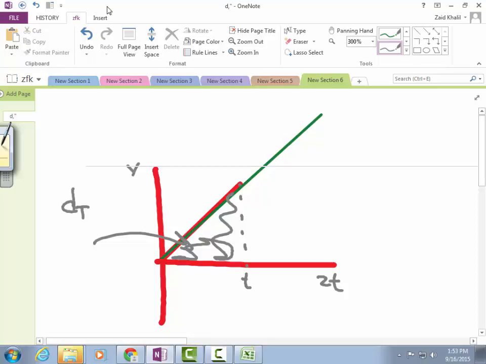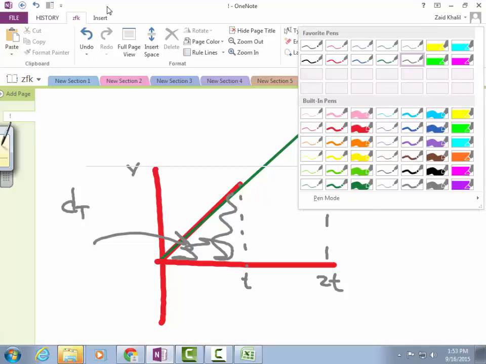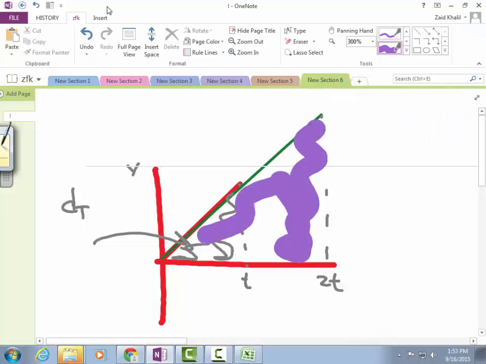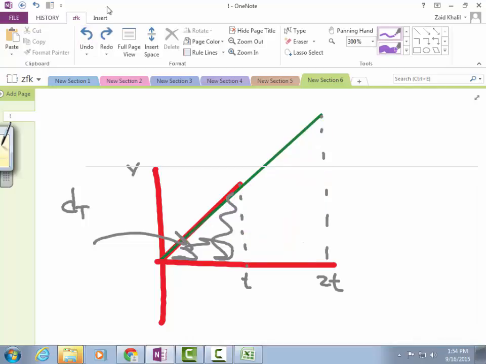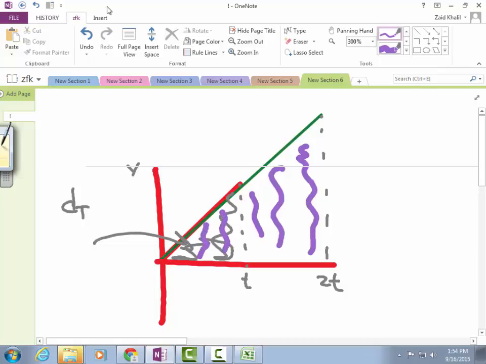So then what's dc? In other words, dc, the displacement of the car, would be this whole thing. Correct? So that's dc.